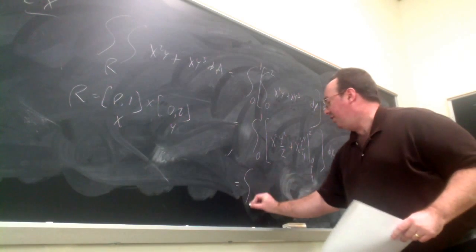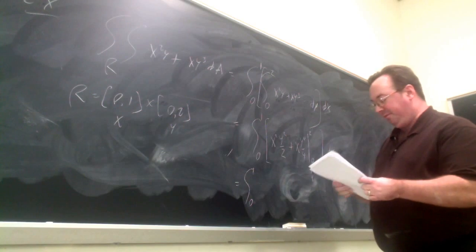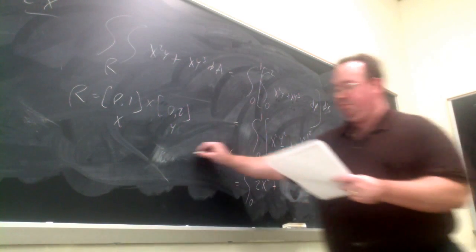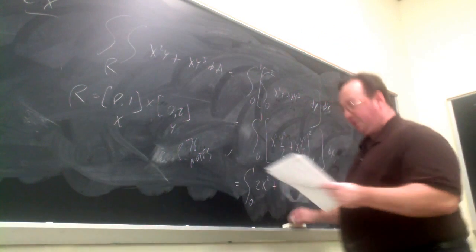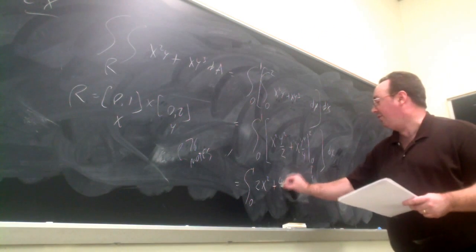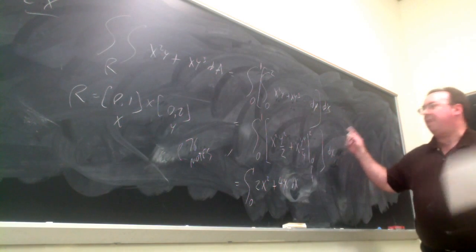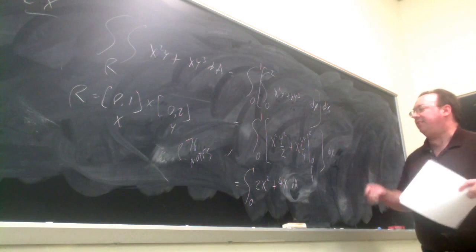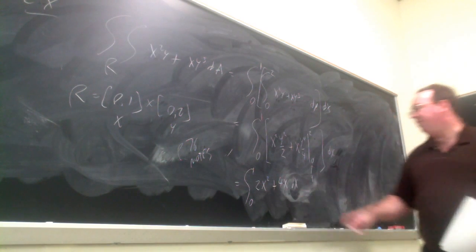And when you plug in those limits, the details are in the notes, what you get is the integral of 2x squared plus 4x dx. So if you plug in y equals 2 here, minus what you get from plugging in y equals 0, it simplifies to this.